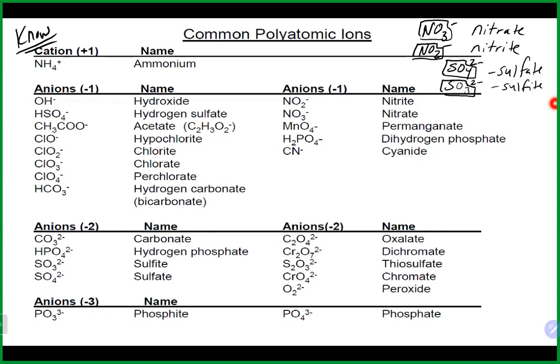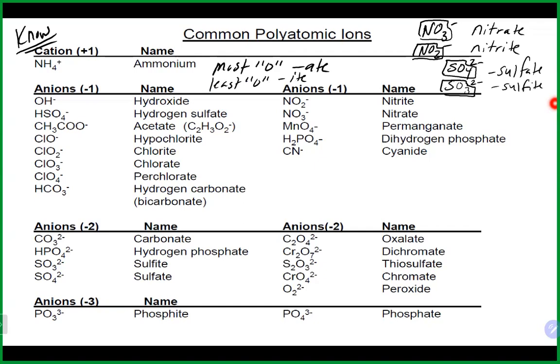So typically when you look at polyatomic ions and group them by a group of 2, the one with the most oxygens in that group will end in ate, and the one with the least number of oxygens will end in ite.